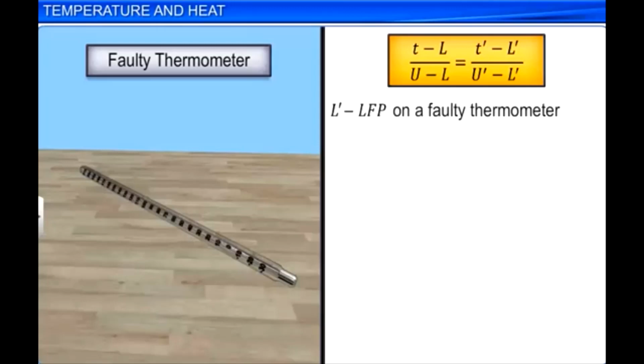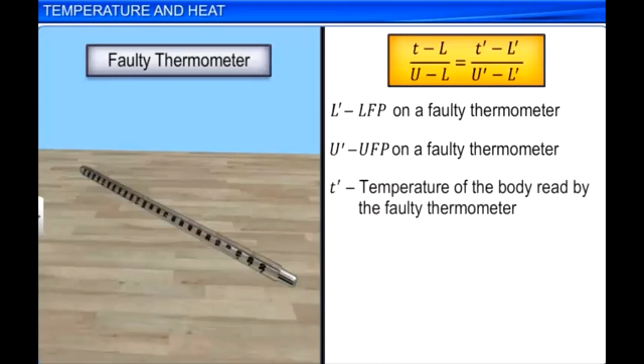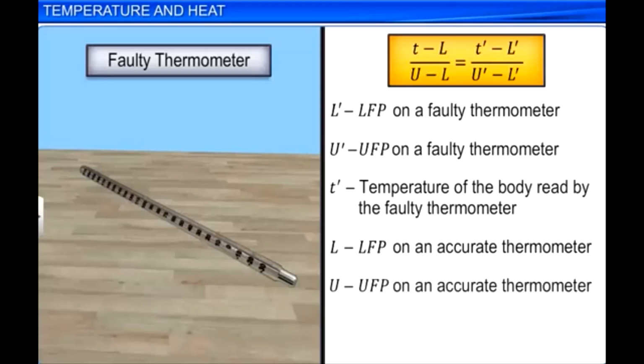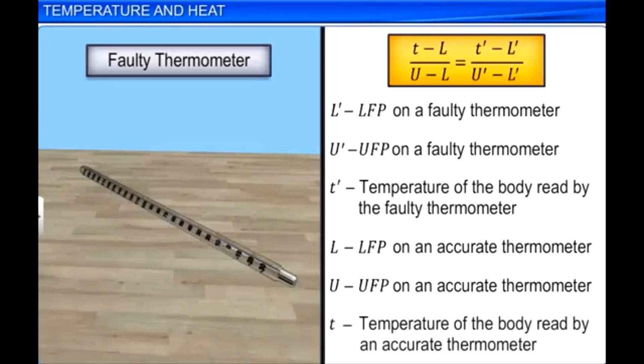If L dash is equal to LFP on a faulty thermometer, U dash is equal to UFP on a faulty thermometer, T dash is equal to the temperature of the body read by the faulty thermometer, and L is equal to LFP on an accurate thermometer, U is equal to UFP on an accurate thermometer, T is equal to the temperature of the body read by an accurate thermometer, then the correct temperature of the body is found using the expression.